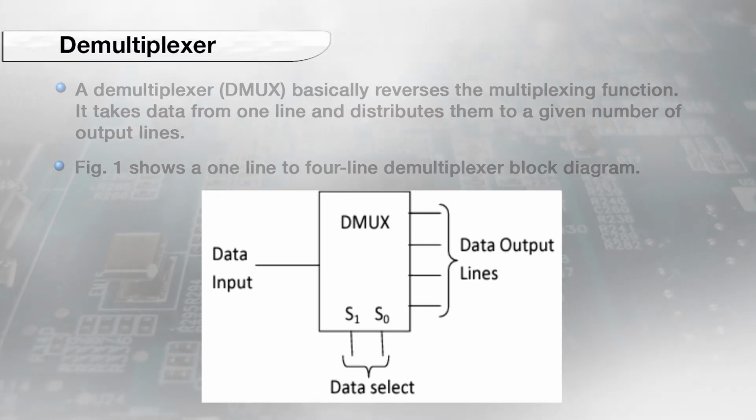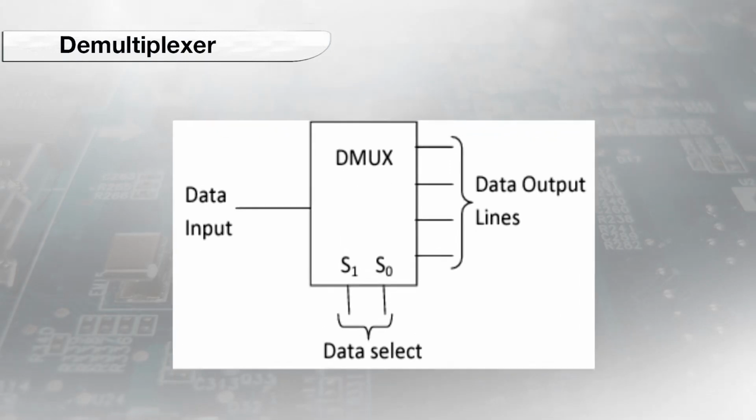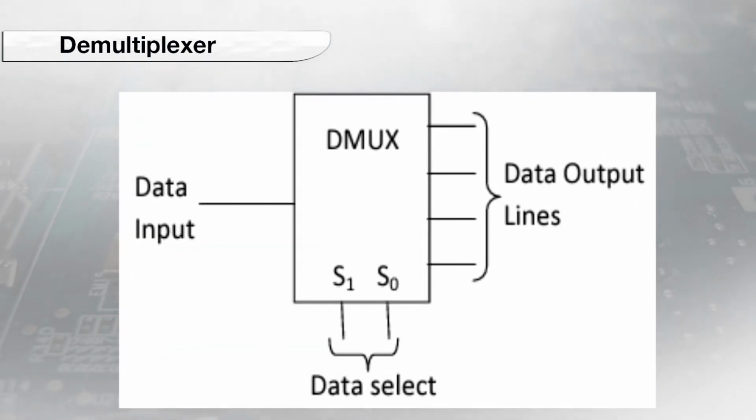In this figure, we see a 1 line to 4 line demux. Here we can see a single data line is present at the input and we have 4 data lines at the output. So, this becomes a 1:4 demultiplexer.